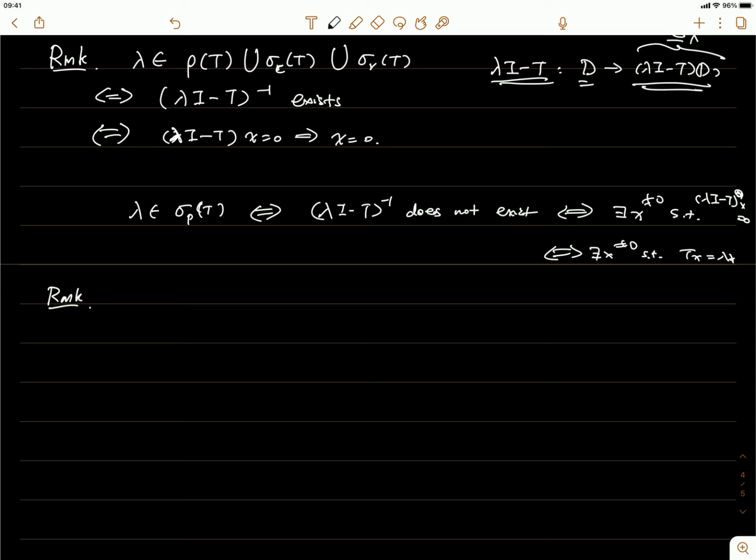The second remark is about the case where lambda is in the resolvent set. Lambda in the resolvent means that lambda I minus T is invertible, is bijective. So lambda I minus T from D to X is bijective, and that also means the inverse is bijective.